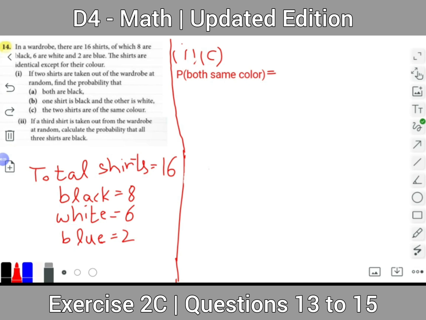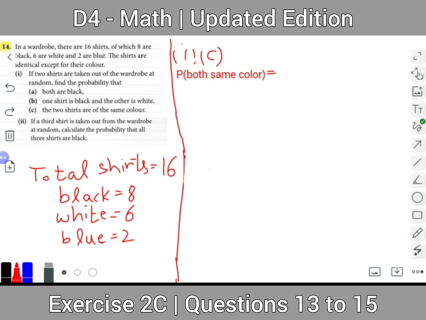We have to find out the probability that the two shirts are of the same color. Since we have the three colors black, white and blue, here we have three possibilities.